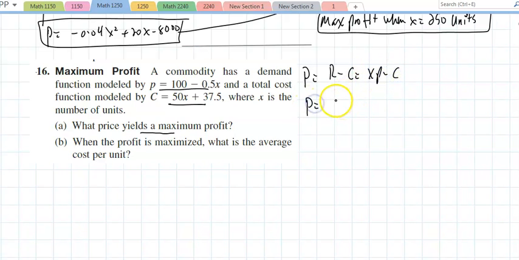The profit function is the revenue. The revenue is 100 minus 0.5x times x, minus the cost function. Make sure to use parentheses around that.